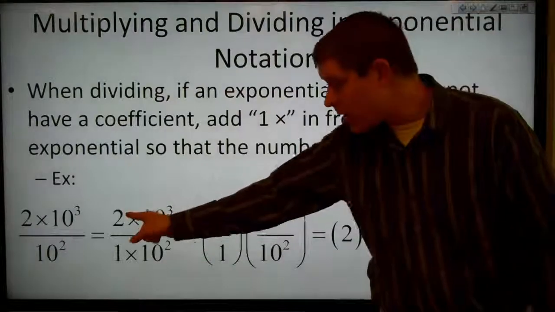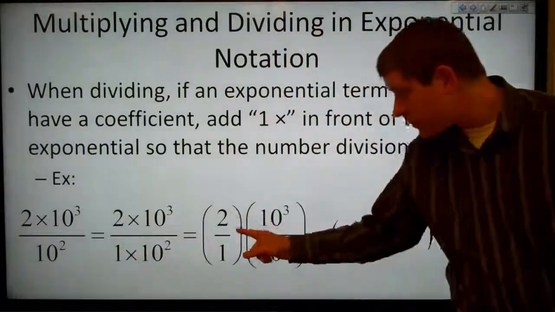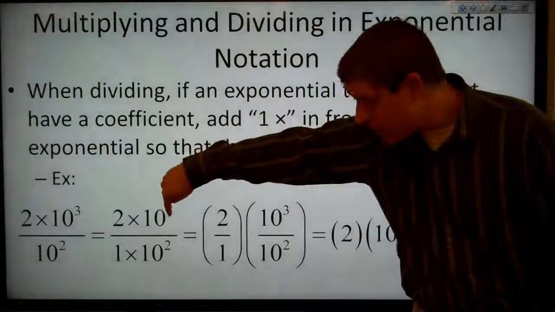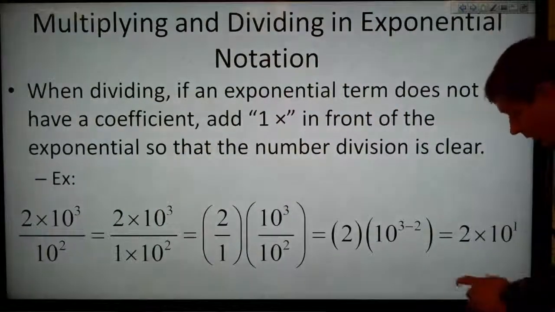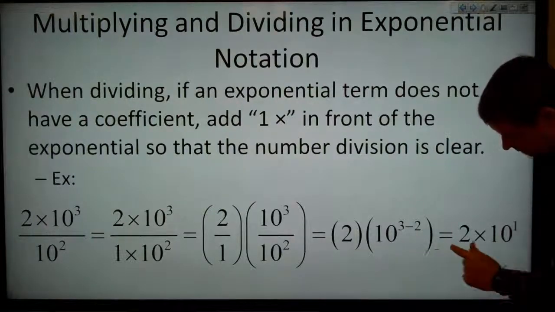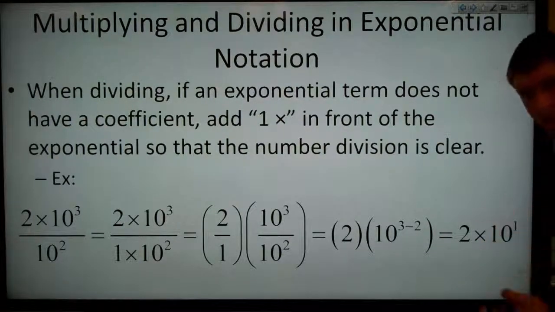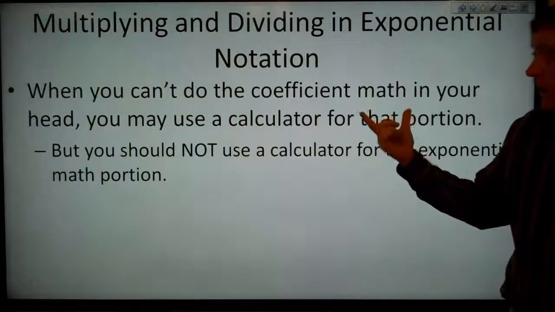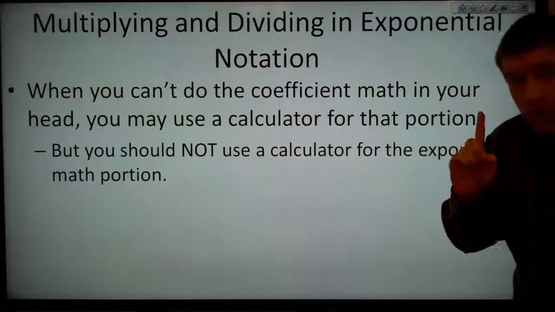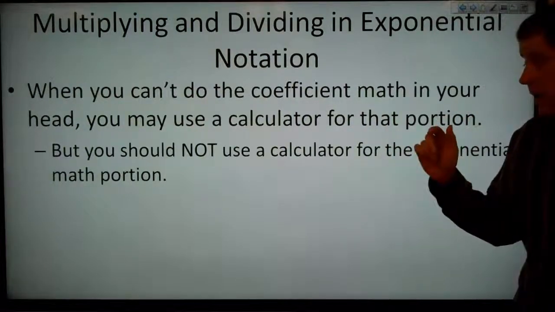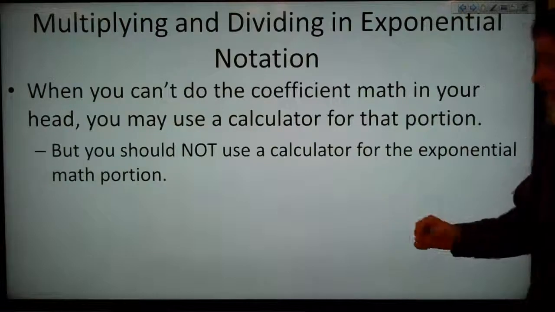And that means that now our number division is 2 over 1, which is 2. And our exponential division is 10 to the 3 over 10 to the 2, which is the 10 to the 1, just like in the last example. So now we have 2 times 10 to the 1, that's 20. So when you can't do the coefficient math in your head, then you can use a calculator for the coefficient math, but you still should not be using a calculator for the exponential math portion.